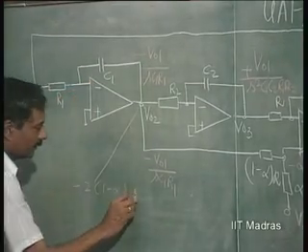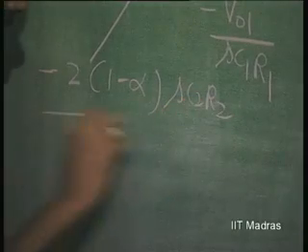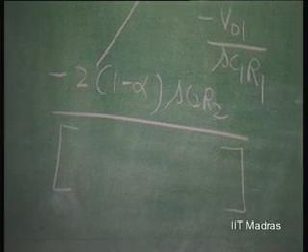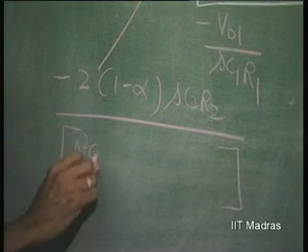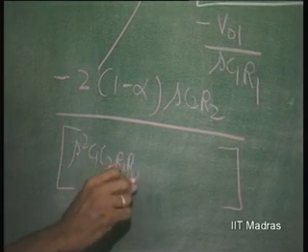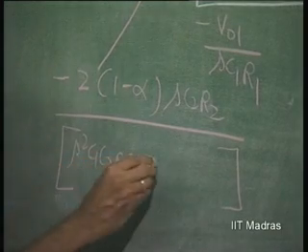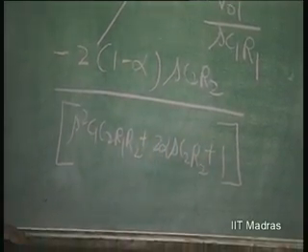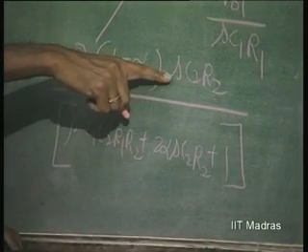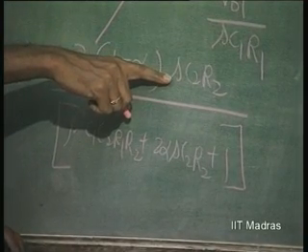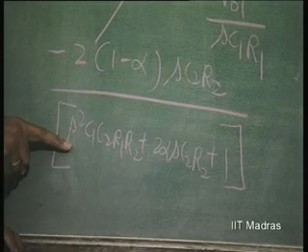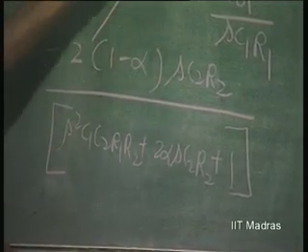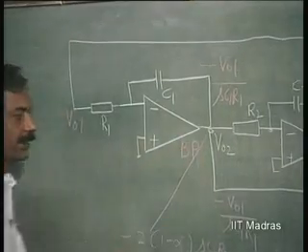So, you get S C2 R2 divided by the same denominator: S squared C1 C2 R1 R2 plus 2 alpha S C2 R2 plus 1. This is actually 0 when S is equal to j omega, omega equal to 0, and 0 because of S squared at S equal to infinity. So, this is called band pass filter transfer function.